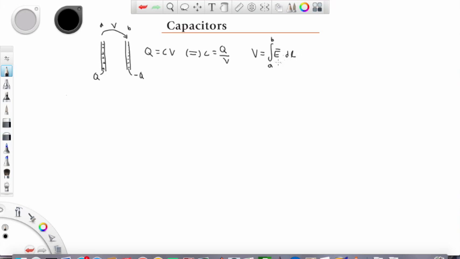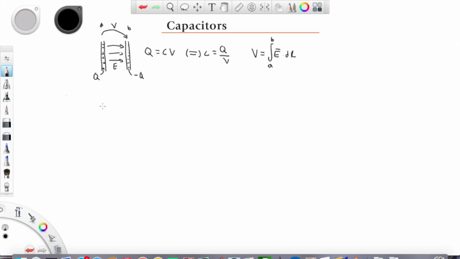So to solve for the voltage V, we have to analyze the electric field in this particular capacitor. As you know, for a parallel plate capacitor, the electric field is constant.